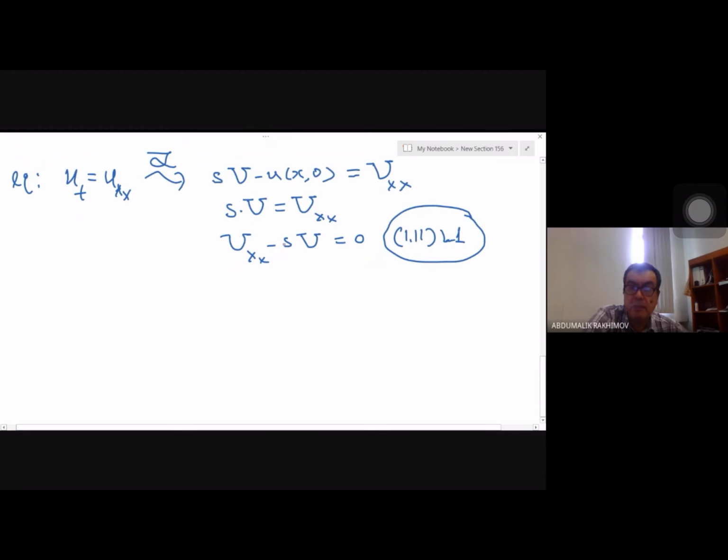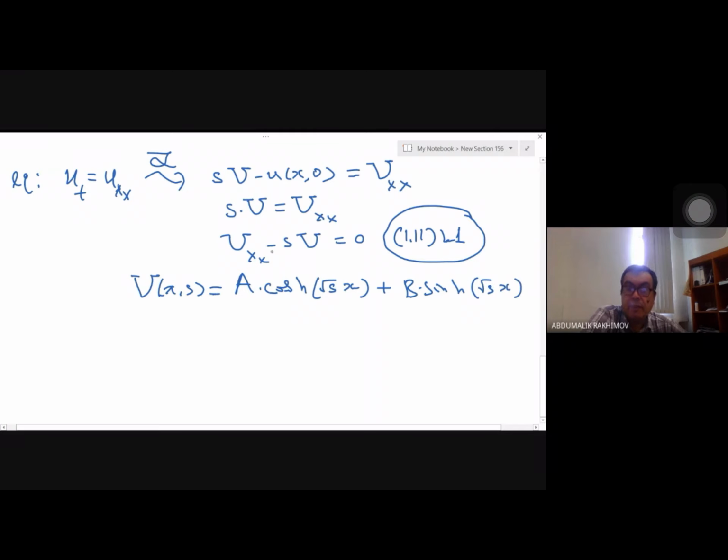The solution of 111 depends on this constant. We have minus s, and because s is positive, the solution U(x,s) has the form a times cosine hyperbolic root of s x, plus b times sine hyperbolic root of s x.